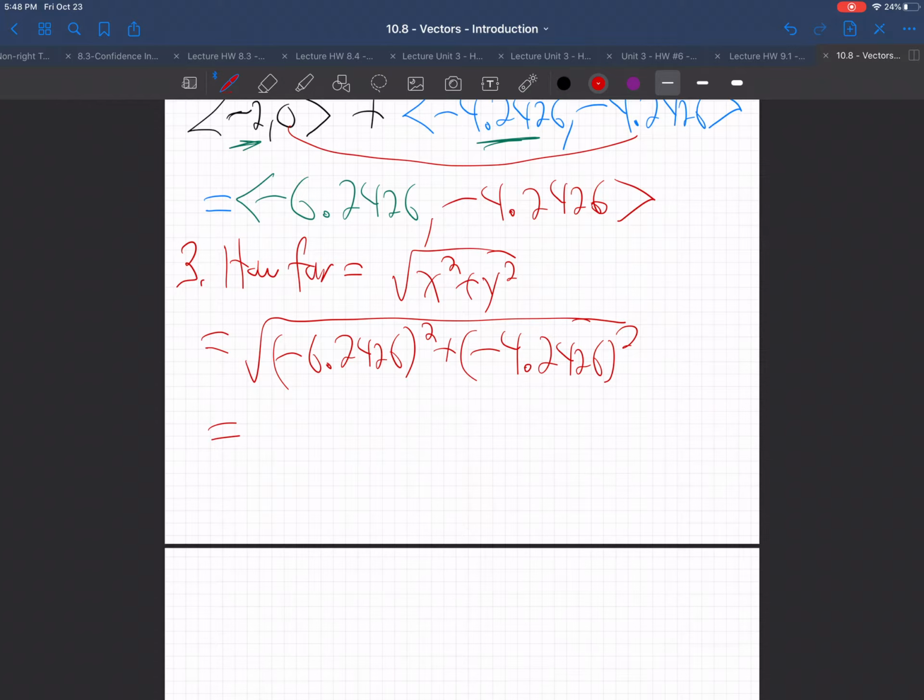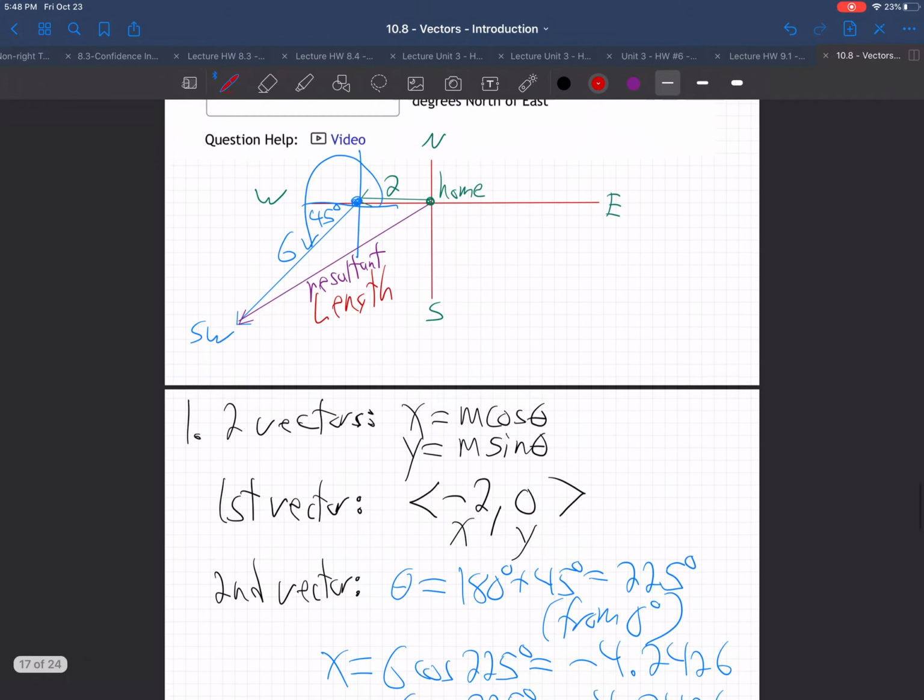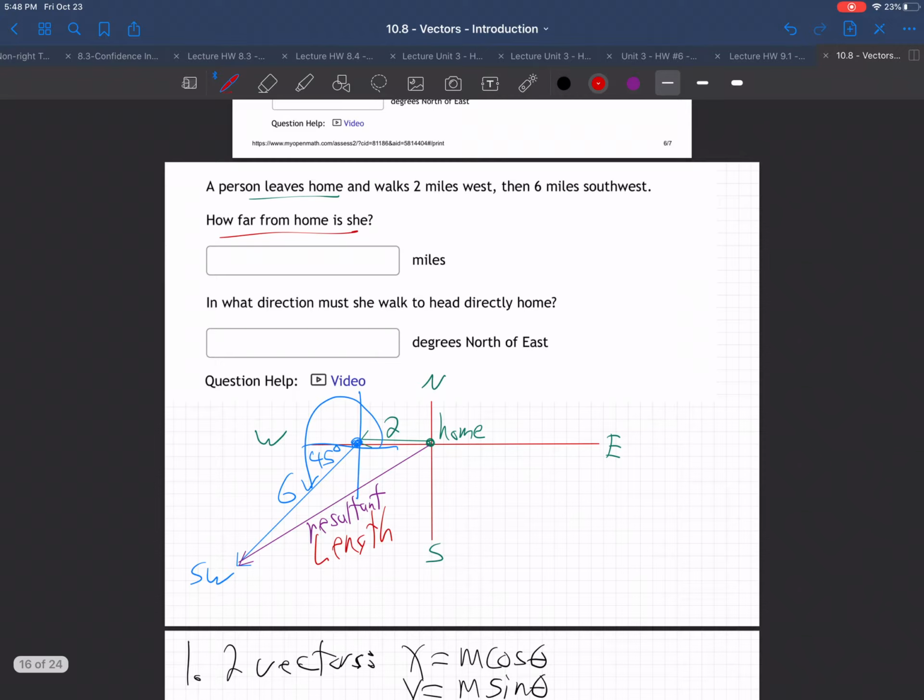I'm getting 7.5479. So there, that's the length of the resultant vector. So that is how far she is from home.